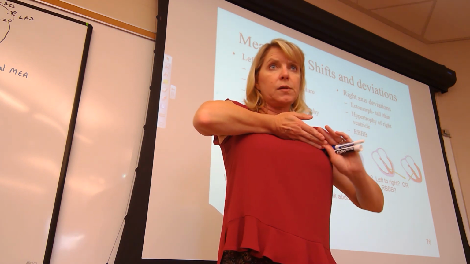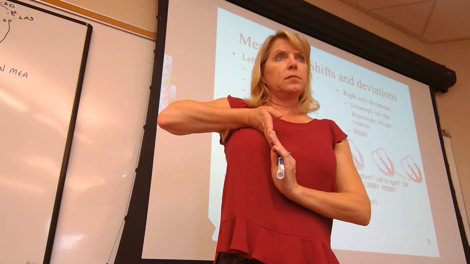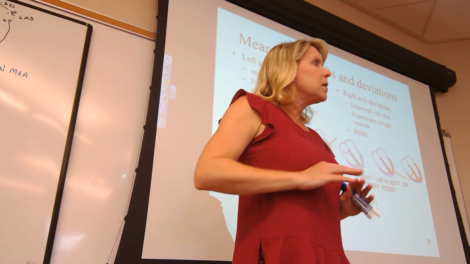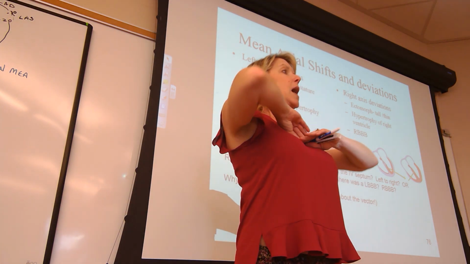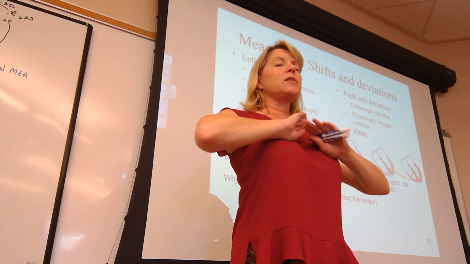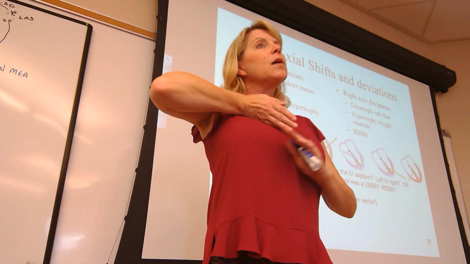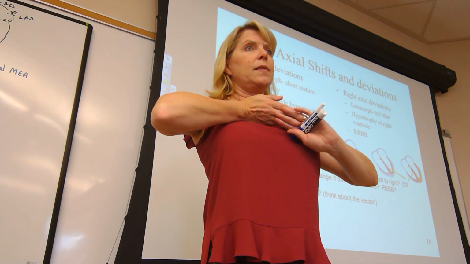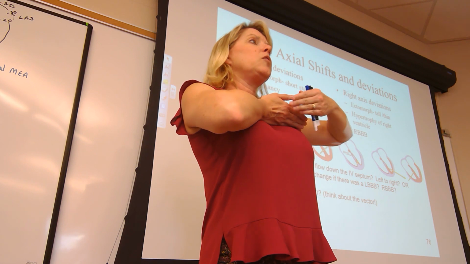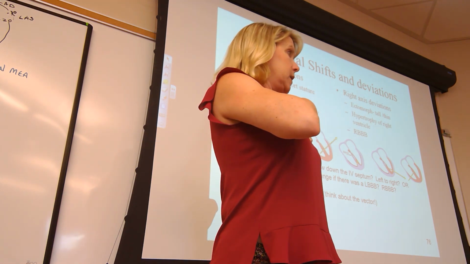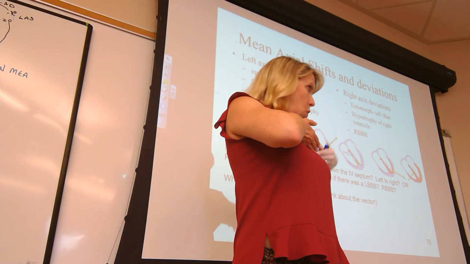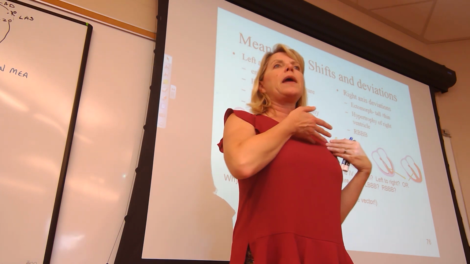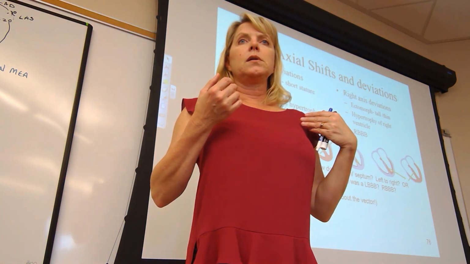Your patient's right. When you exhale, the diaphragm domes up. That's the position it has when it relaxes. The diaphragm will now push on the apex of the heart. It will move more towards the left, and your MEA will be more towards the left compared to normal.